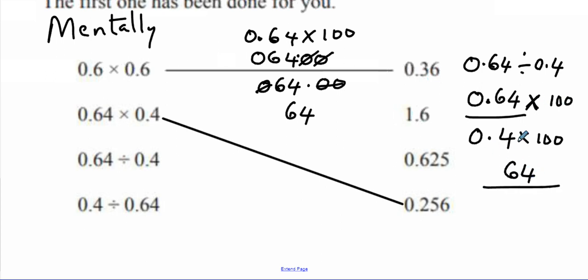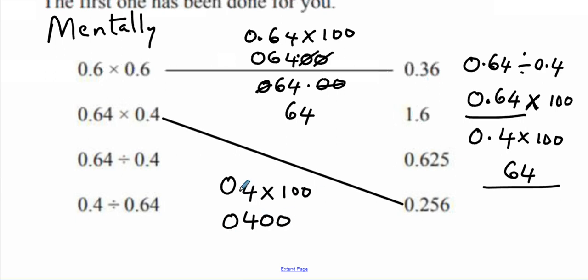And when it comes to the denominator, let us check. 0.4 times 100, what did we get? What I said is ignore the decimal point and then put 0.4, and these two zeros, put them next to each other.